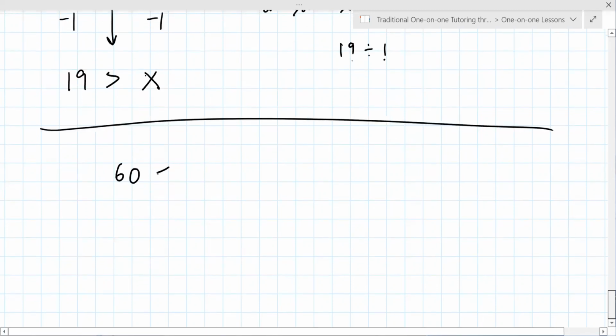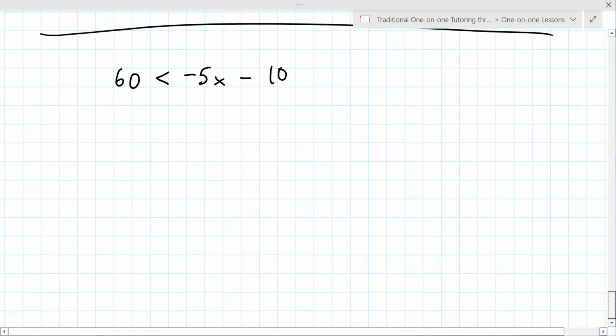Negative 60 is less than minus 5x minus 10. Okay, so when you look at this problem, you want to decide, what are you going to undo first to get x by itself? There's a -5 multiplying x and a 10 that's subtracted.